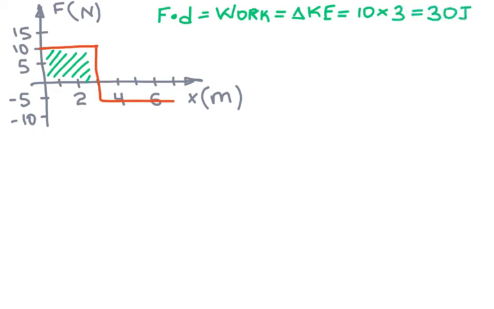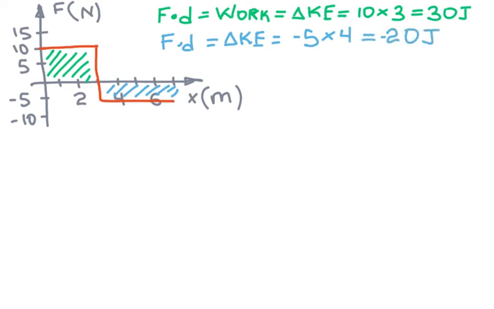And then for the second part right here, the negative force is exerted on the cart, so there's still force times the distance equal to the change of the kinetic energy, and that is equal to negative 5 times 4, and that gives me negative 20 joules of energy.